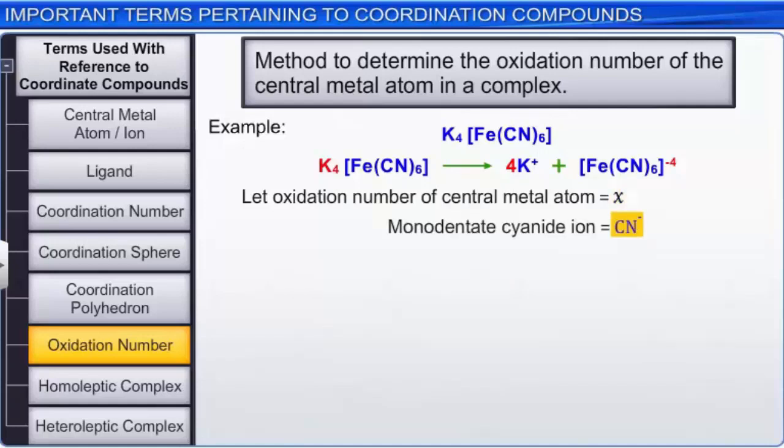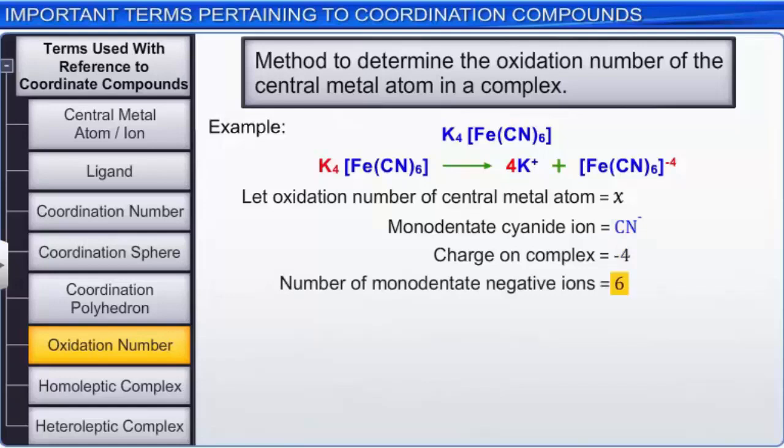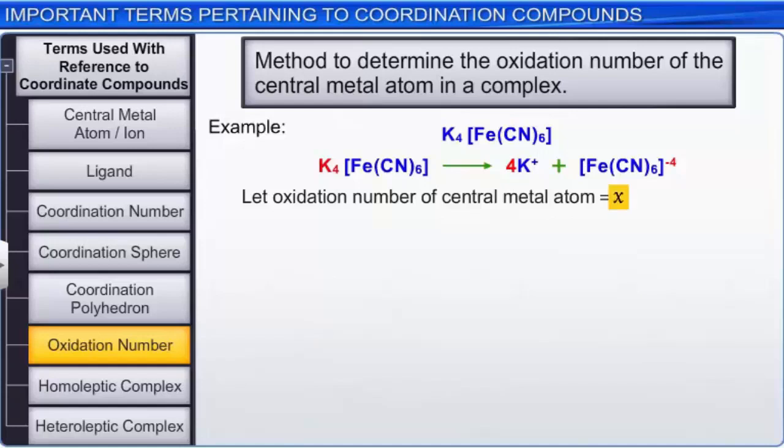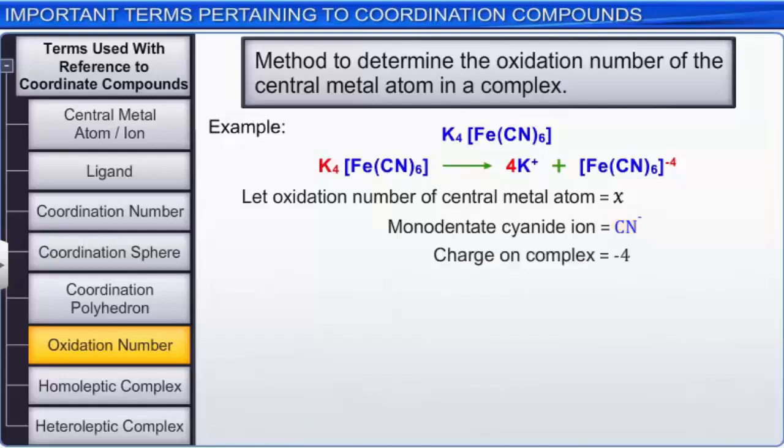Next, what are you going to do? See what is there in the coordination sphere. Fe, that should be taken as X, plus what else is there? Cyanide. How many cyanides? 6 cyanides. The charge of cyanide is -1. The net charge is -4. So 6 times 1 is -6.